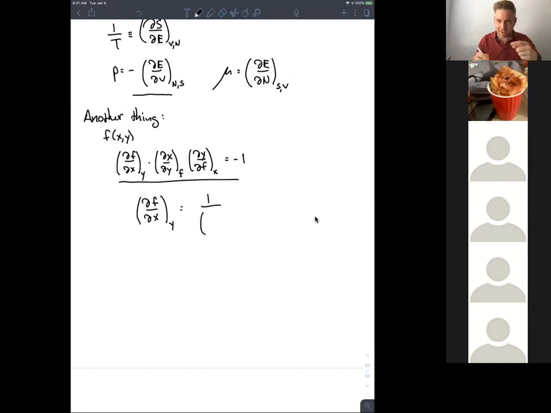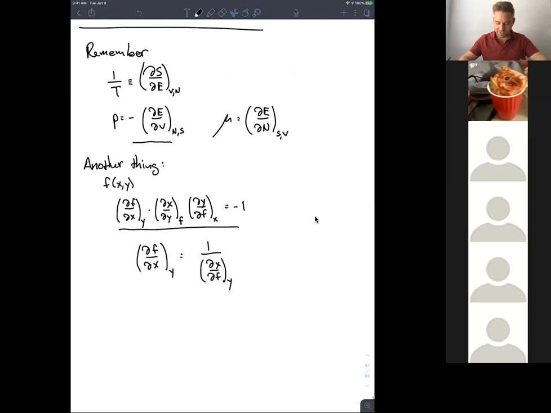So instead of df/dx, it's the same as 1 over dx/df. If you think about the derivative as a fancy fraction, then this is obvious. But it turns out it's also true if you don't think about it in terms of a fancy fraction. Okay, so let's just remember these three things.